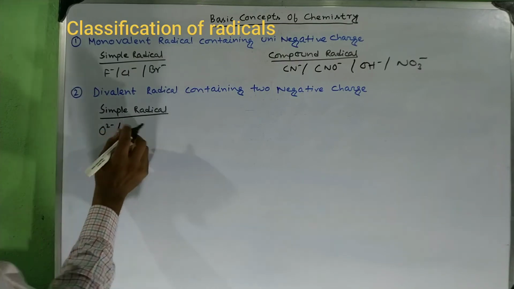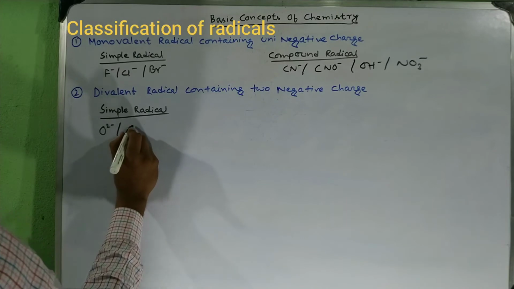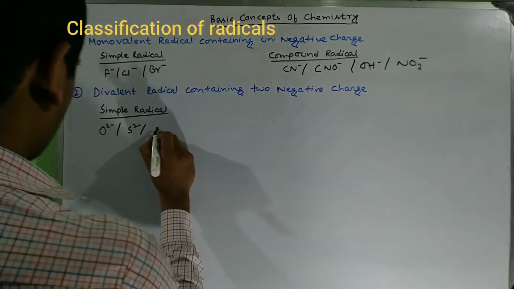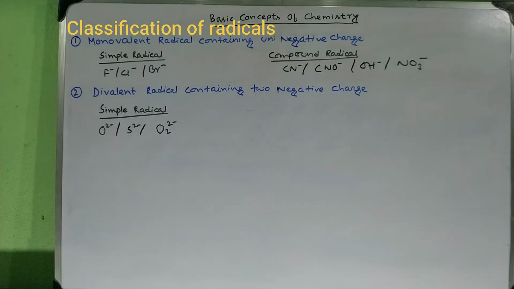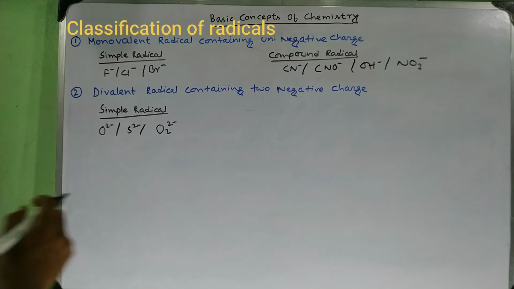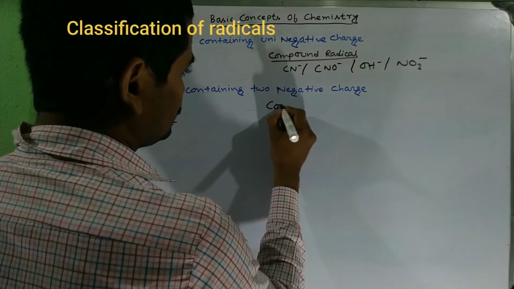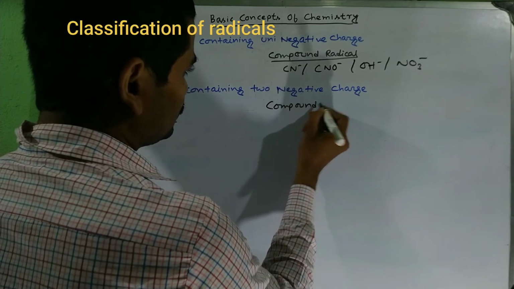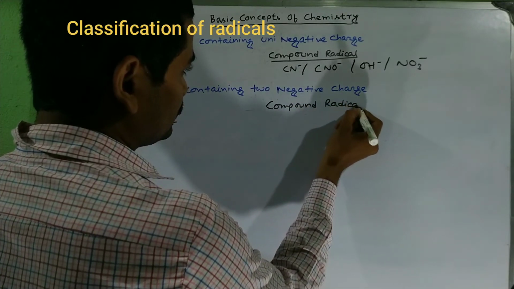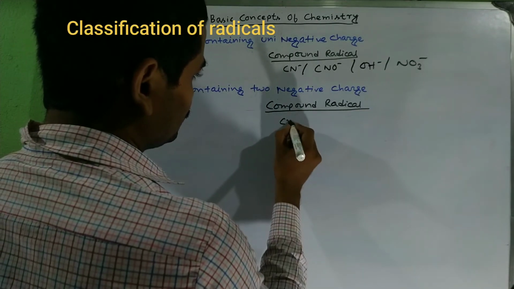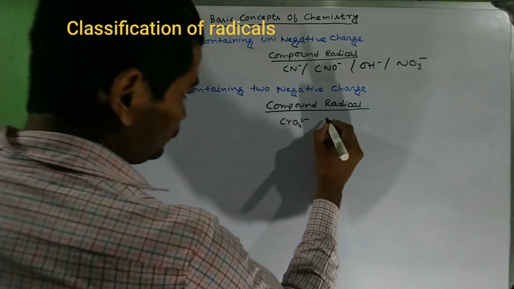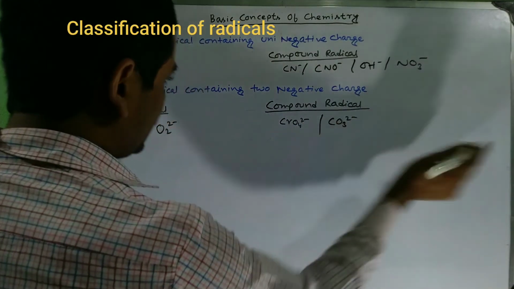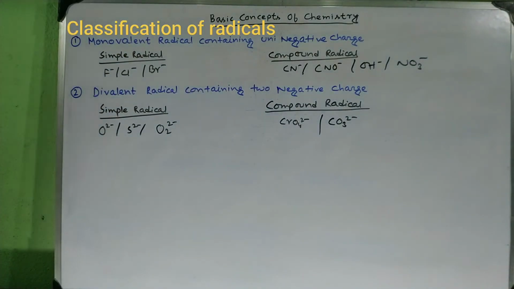O2 minus, sulfide, peroxide, O2 2 minus. Clear? These are all simple radicals, and the compound radicals are chromate, carbonate, etc.